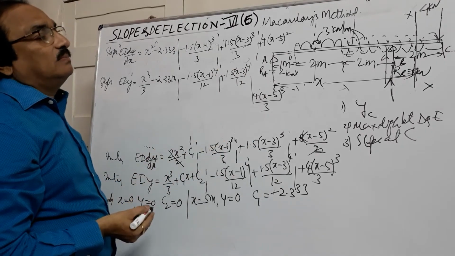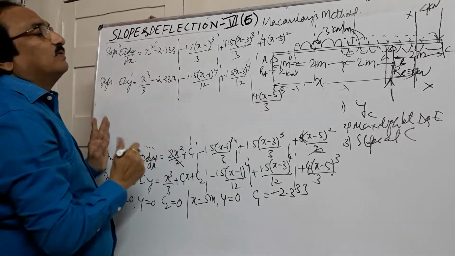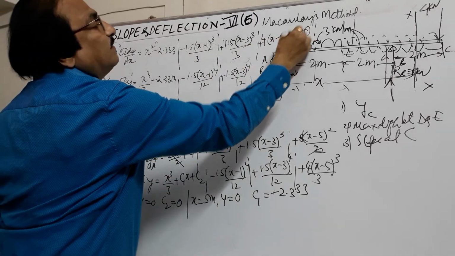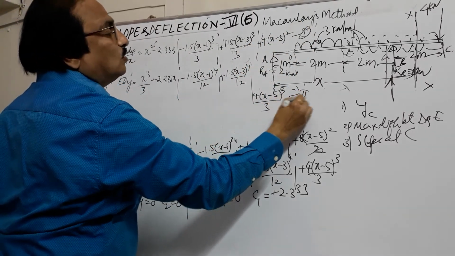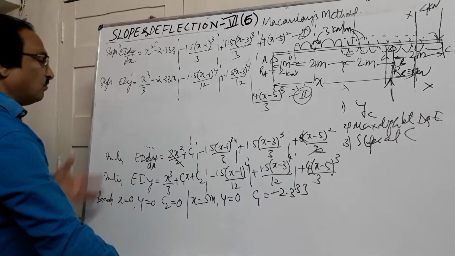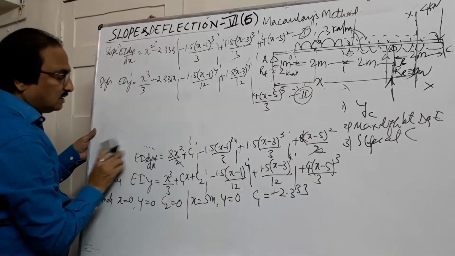So we will be taking them one by one. First you should write the slope equation and the deflection equation. This I call Roman 1, this Roman 2. Using these two equations, you will find out what is required in the problem.